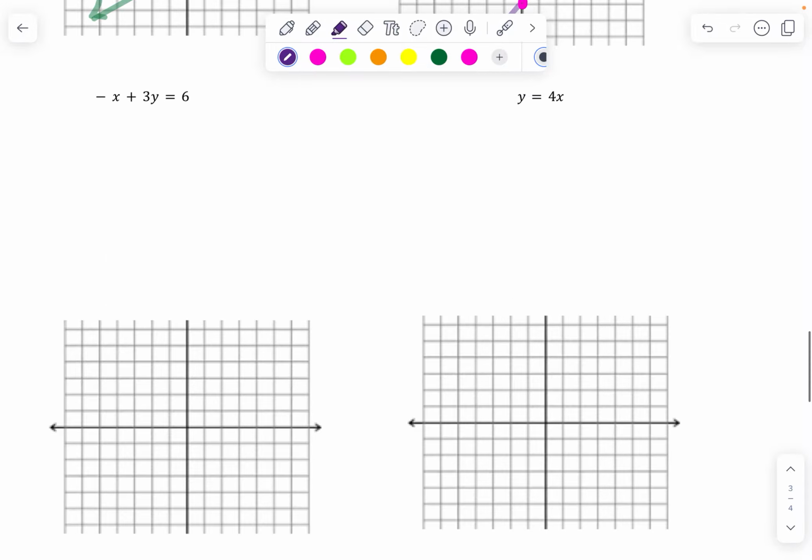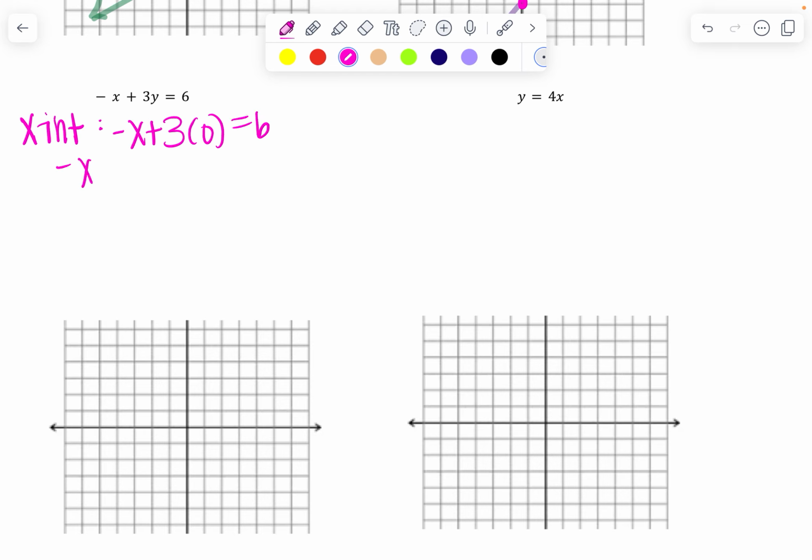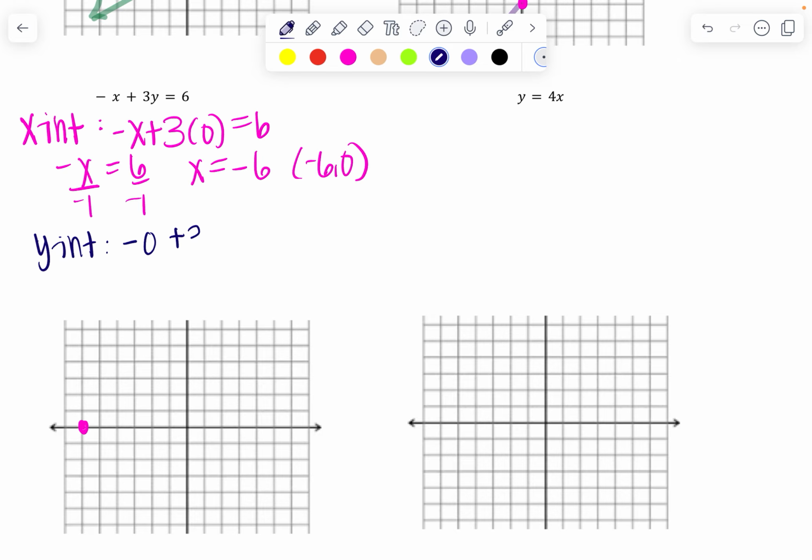Couple more here. For our x-intercept, negative x plus 3 times 0 is 6. So negative x equals 6. If we divide by negative 1, we'd get our x-intercept is at negative 6. So (-6, 0). Our y-intercept then, negative 0 plus 3y is 6, which means 3y is 6.